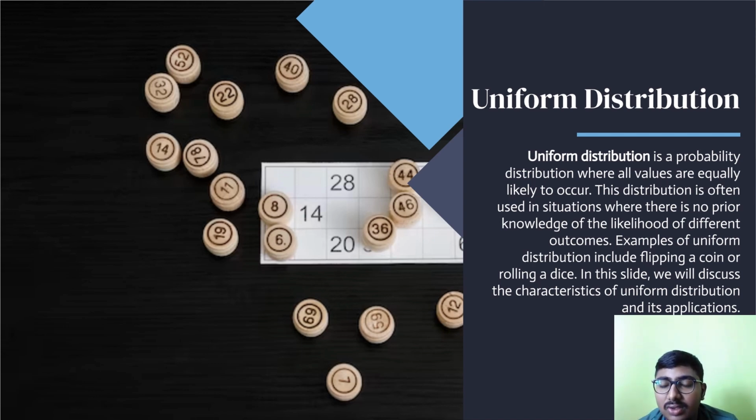Because if you toss a coin, you don't have any idea whether you will get a tail or a head. So the outcome may be either of them. So the uniform distribution differs with this part. Okay, now let's discuss the other part of the probability distribution.